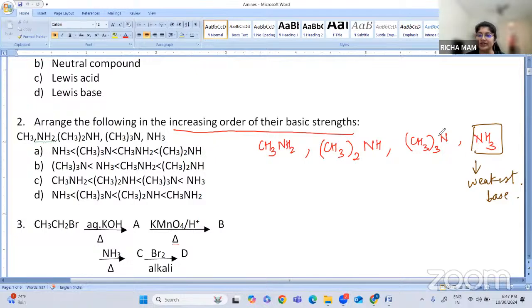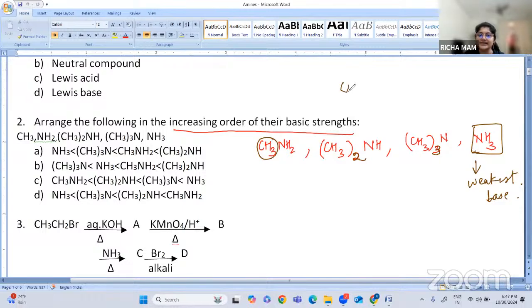So what did we say? Firstly, among these four, ammonia is the weakest base. Now, methylamine has one methyl group, dimethylamine has two methyl groups, and trimethylamine has three.